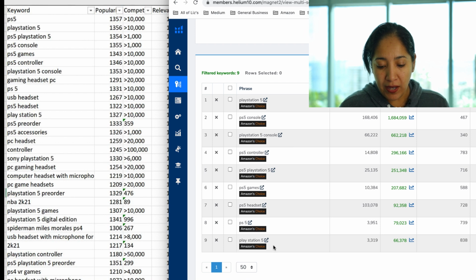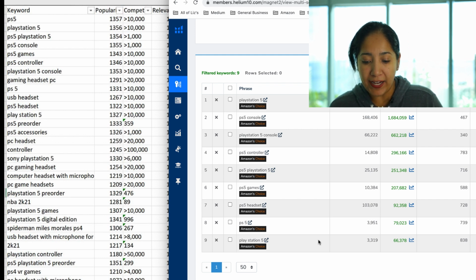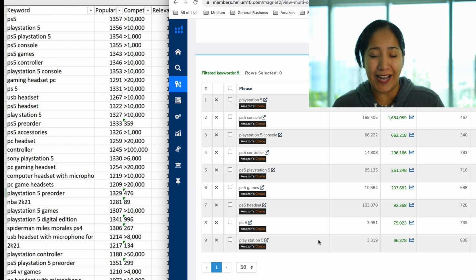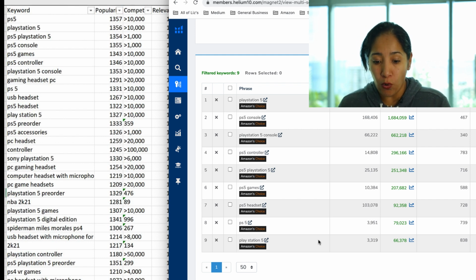Now, the only thing that you'll notice is the search volume was way off. So even though it included all the actual keywords, if we were to pay close attention to which keyword had the highest search volume in Helium 10 and decide to use that on our actual campaigns or on our actual product, then we would possibly be in for a big disappointment.